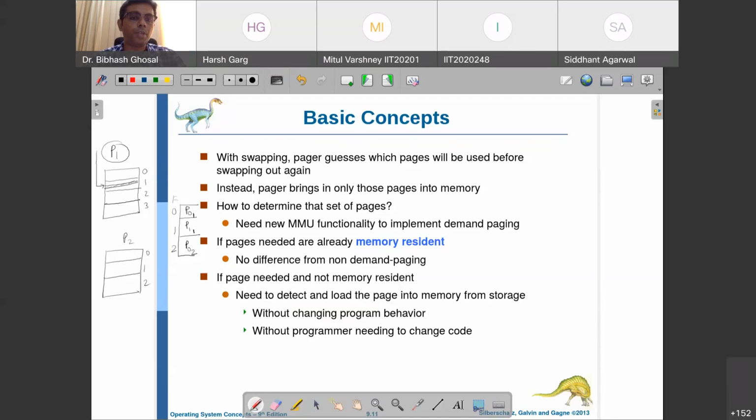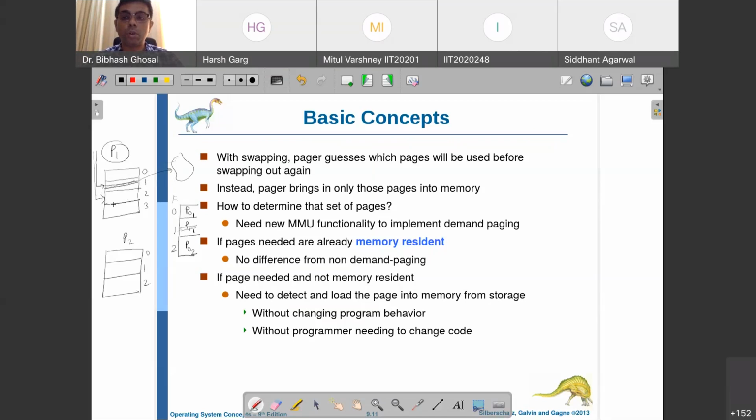The memory management unit takes care of that. The address is provided to the memory management unit, which is a paging scheme, and it gives me the equivalent frame number. I reach that particular frame and I obtain the address. Good enough.